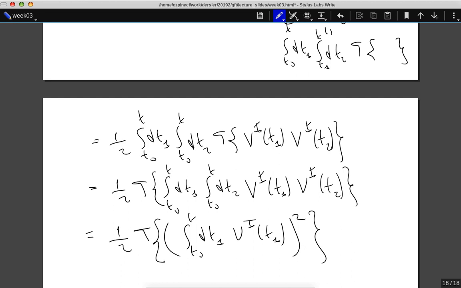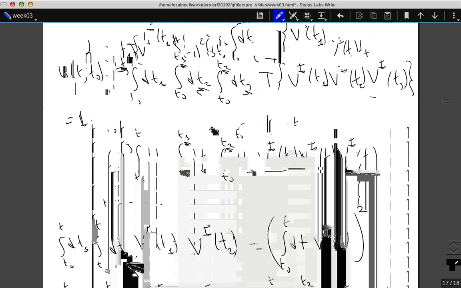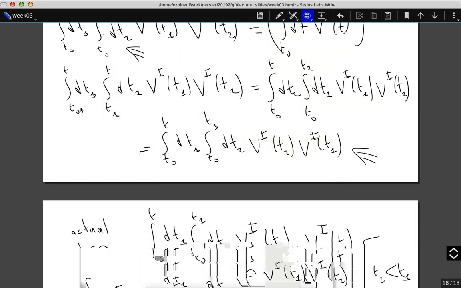So in that sense, this term only makes sense if you first write out that product and then move the time ordering operator inside the integral. Only in that case it makes sense. Okay, now let me put a factorial over here. It's the same thing. I will not repeat the same procedure for the other terms. But let's see, we had this expansion over here.